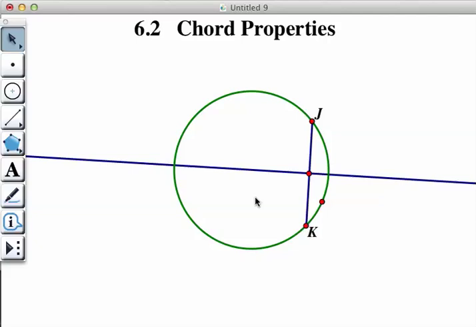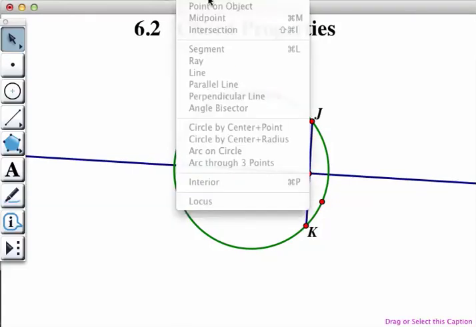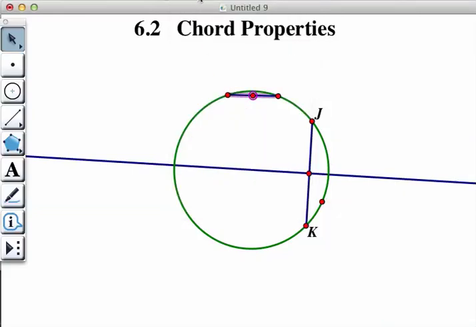Well, if I can make one chord, can't I make two chords? And it's critical to show you that it doesn't matter how big this chord is. Any chord, I can find the midpoint, and then I can make a perpendicular bisector through it. It's going to pass through the center. Look at that point of intersection. It doesn't matter how I change this chord.